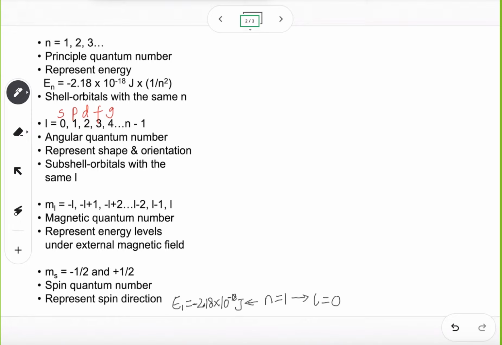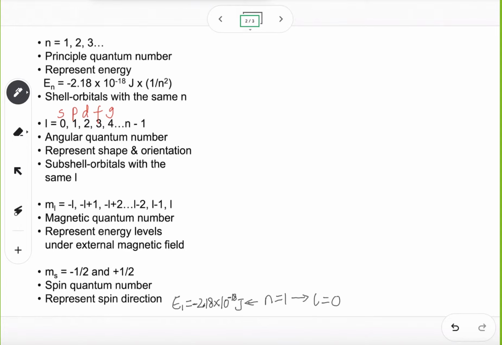Now, after you get the 0 for L, you need to consider the next value. Based on what we discussed, the next possible value for L is 1. But the maximum value for L is n minus 1. When n equals 1, the maximum value for L is 1 minus 1, so it's 0.